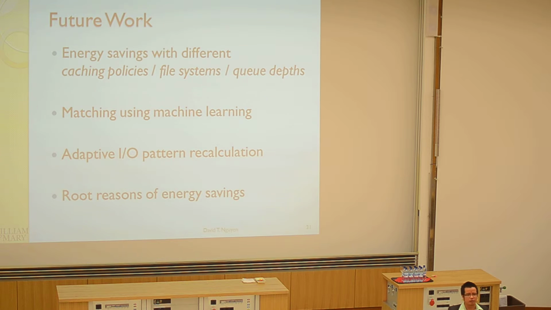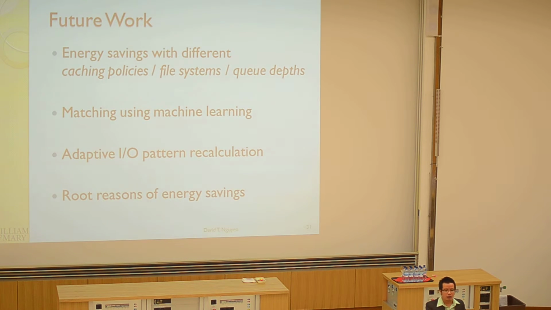Future work. There are several avenues of future work. There is still a lot of space that, hopefully with the help of the whole research community, we can research. Of course, we can research more energy-saving opportunities with different caching policies, different file systems, and different QDAPs. We took a look at only 2 QDAPs.